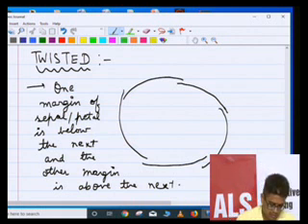So this is in the case of twisted estivation.